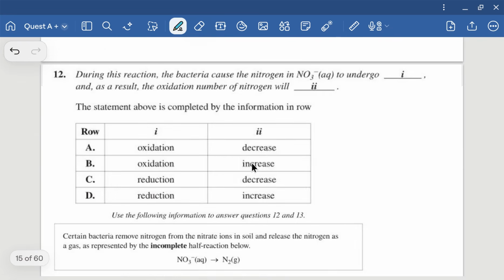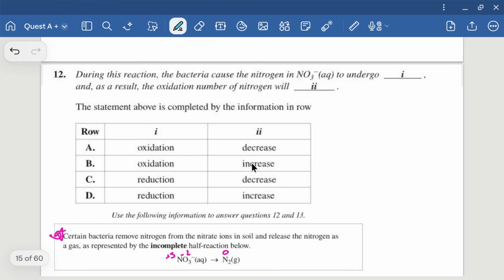This next one: during the reaction, the bacteria causes the nitrogen to undergo blank. As a result, the oxidation number of nitrogen will blank. This is the incomplete reaction we're looking at. If you assign your oxidation numbers, you have -2 for oxygen, which gives you a total of -6, so nitrogen would have to be +5.